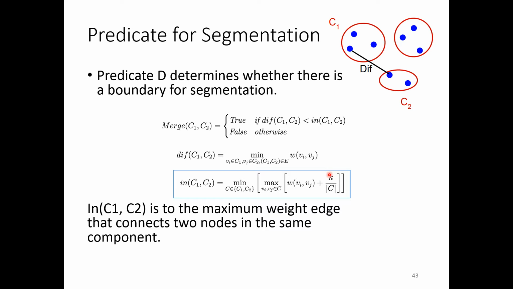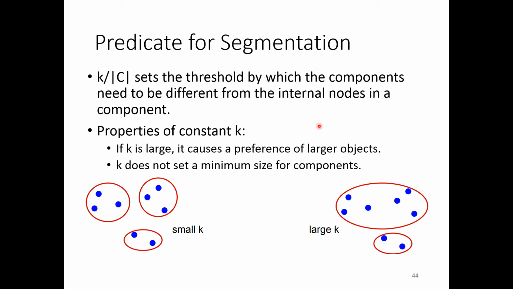And of course, for the internal difference of the two clusters, we compute the internal difference in the first cluster and in the second cluster, and then they take the minimum of the two. That would be the internal difference of clusters C1 and C2. As I mentioned, they decide to merge the two clusters if Diff(C1, C2) is less than Int(C1, C2).